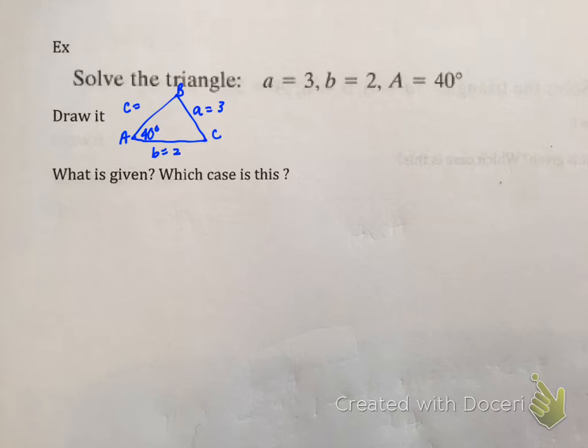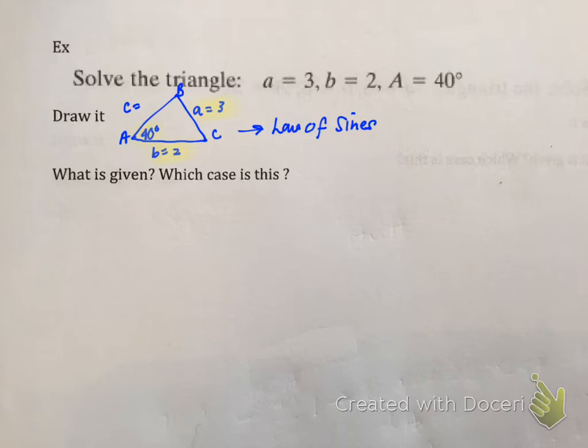So if I look at this, I notice that my given values are not side, angle, side. If that was the case, we'd have to know angle C, and we don't. Since it's not SAS, and remember SAS means law of cosines, I have to use law of sines.